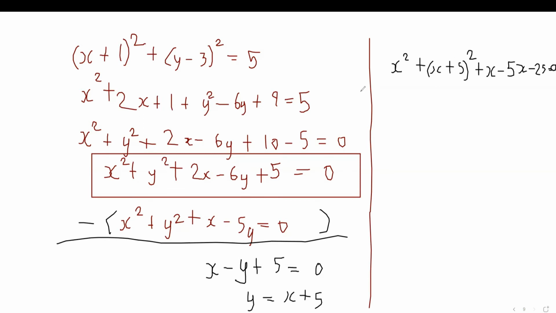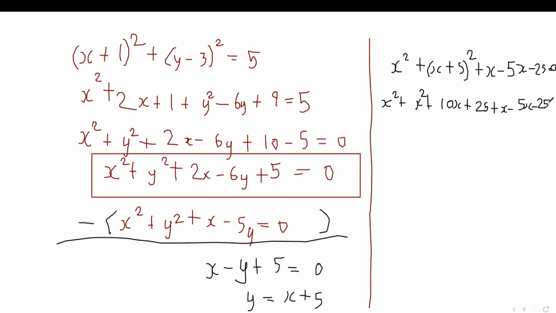So solving this now, we can expand to get x squared, first term squared, plus twice the product of the two, that's 10x, plus the second term squared, 5 squared, which is 25, plus x. Then we have minus 5x minus 25 equal to 0.